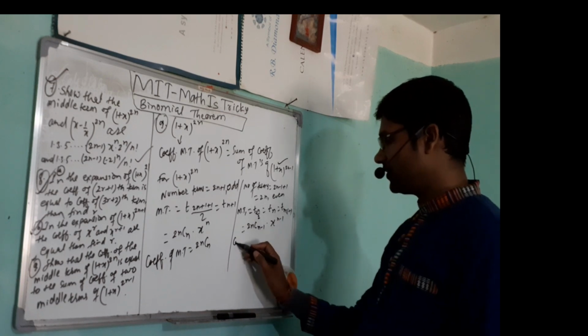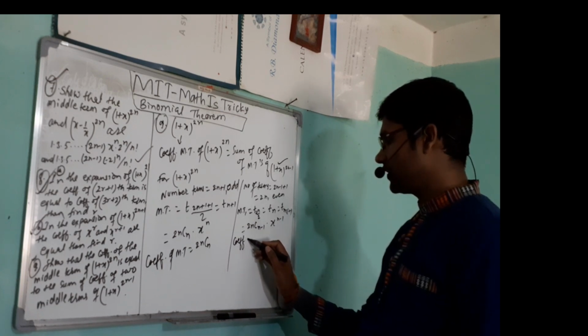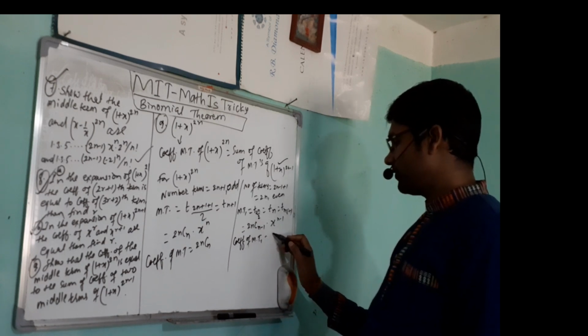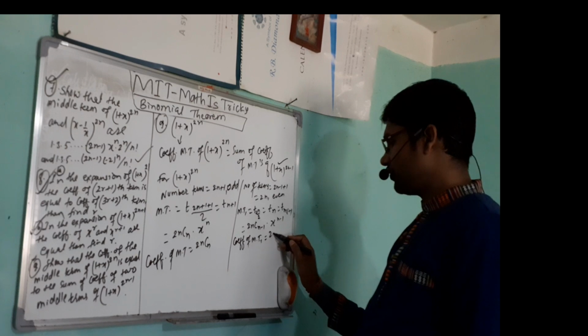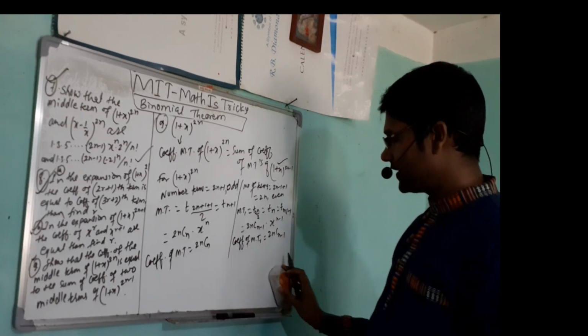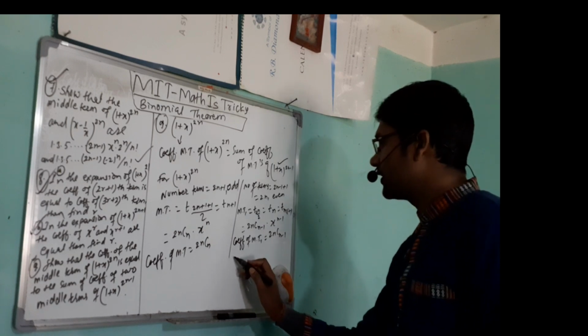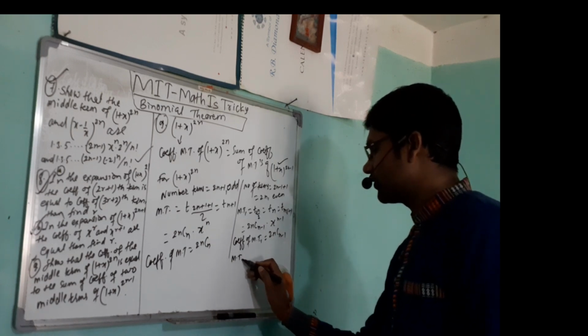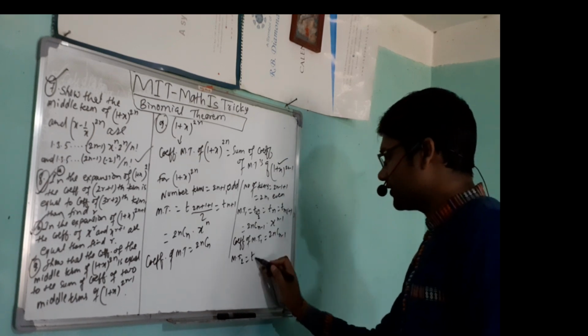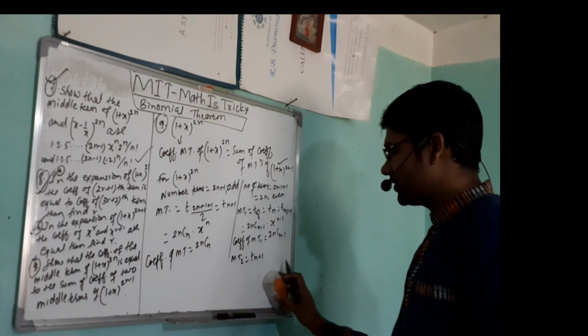So the coefficient of the first middle term will be simply (2n-1) C (n-1). Now let's find the second middle term, MT2. It will be T n+1.